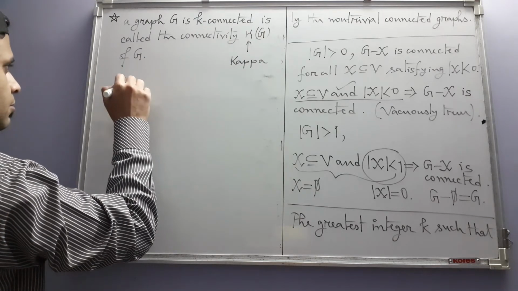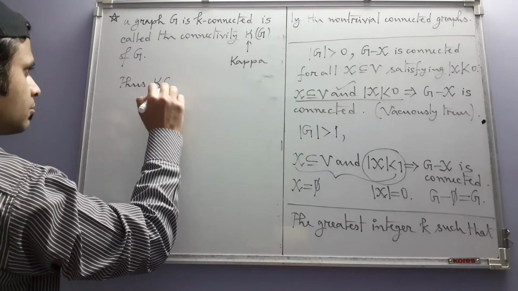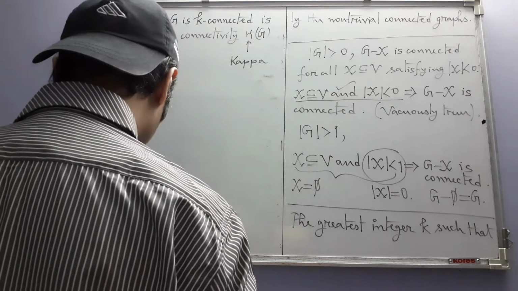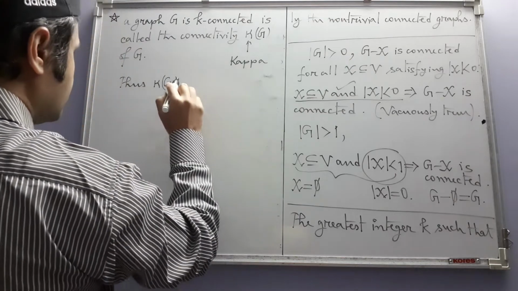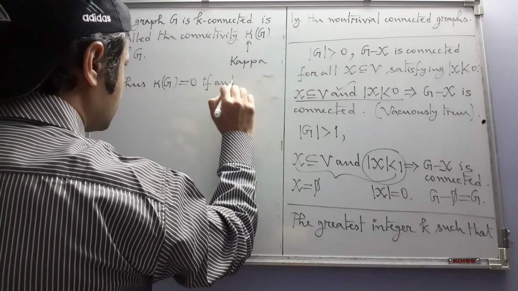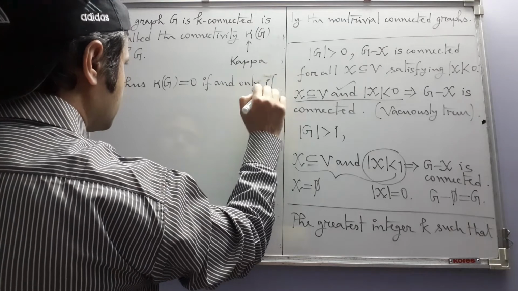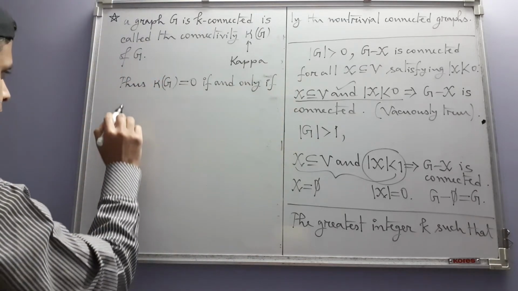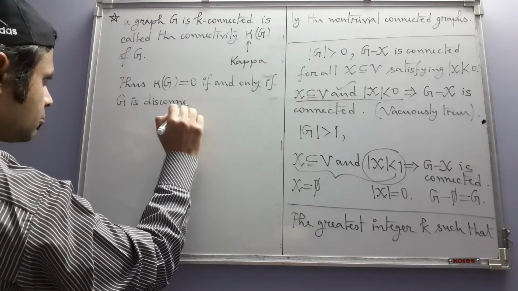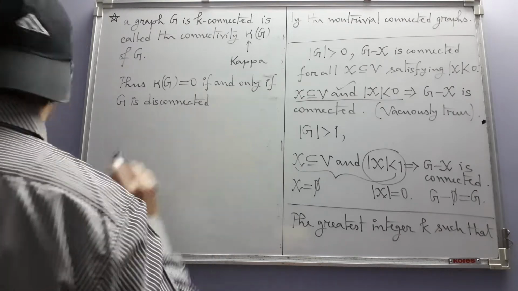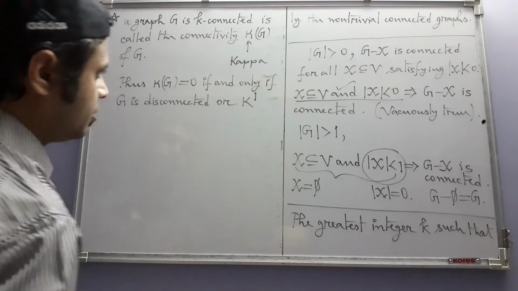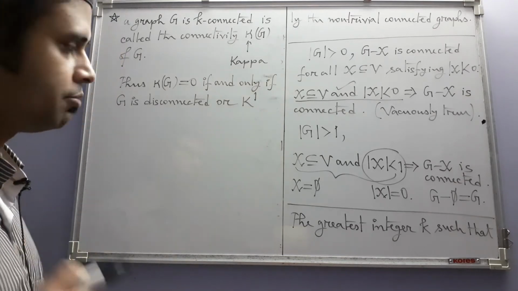Thus, kappa of G, written almost like the letter k itself, is equal to 0 if and only if G is disconnected or K1, that is the graph having only one vertex.